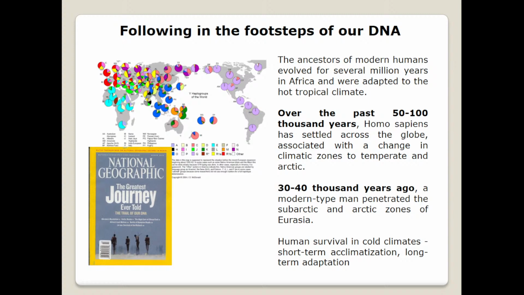From 30 till 40,000 years ago, a modern type of man penetrated the subarctic and Arctic zones of Eurasia, and became more adaptive to climates.